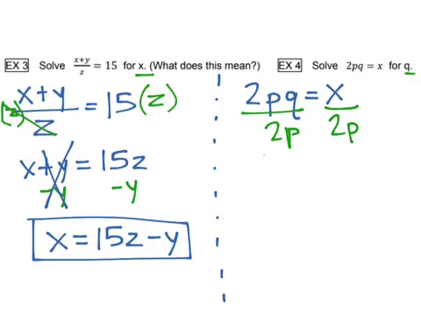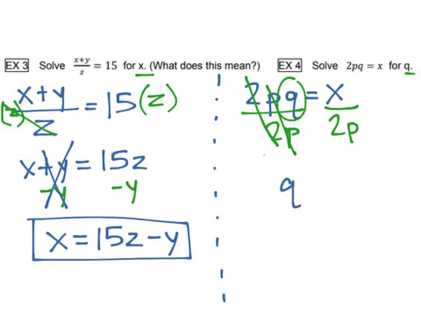Now 2p is two different things, there's a number and a letter, and the letter stands for something, but we can still divide by two things at once if we come across something like this. And like I said, if we've got the same thing on the top and bottom of a fraction, they're going to 1 out, so the only thing that survives on that side is the q.